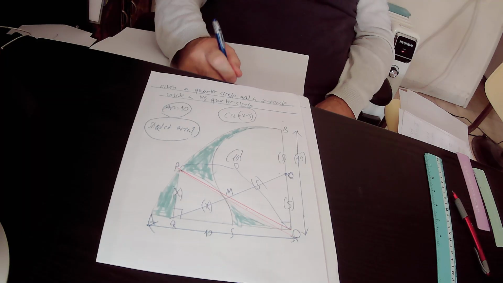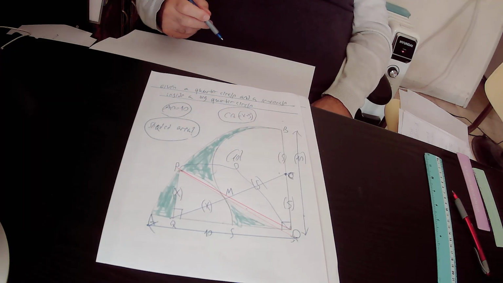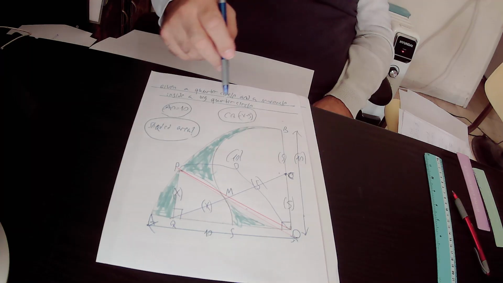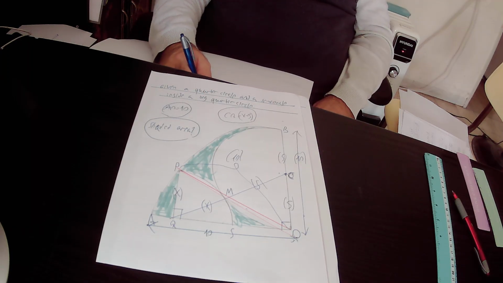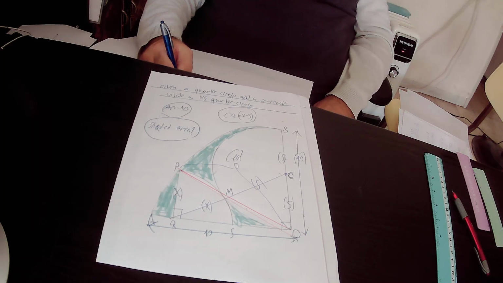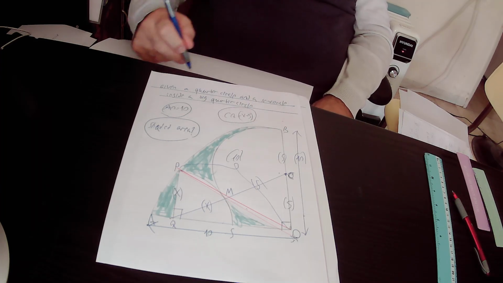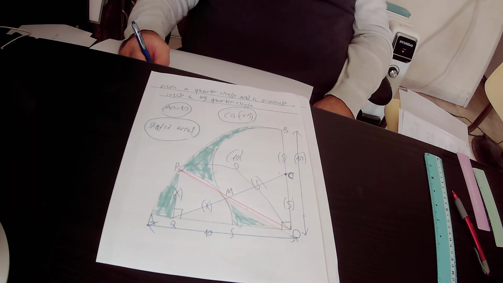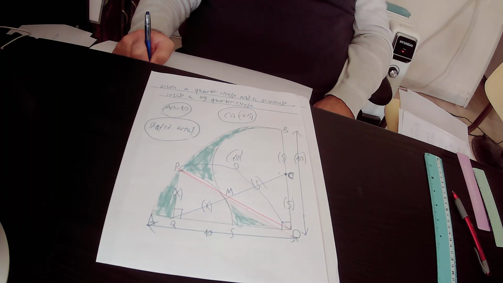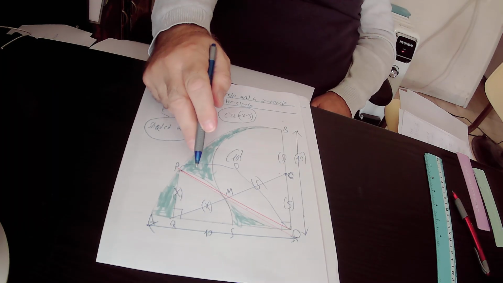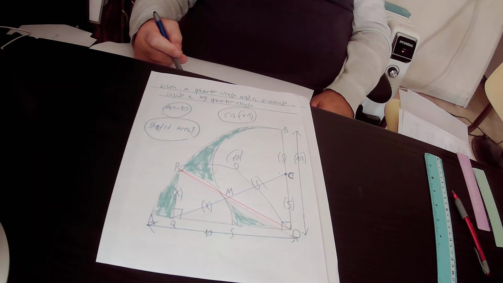From the diagram, it is very easy to see that the area of this shaded region in total will be equal to the area of the big quarter circle minus the area of this semicircle minus the area of this small quarter circle PSQ.